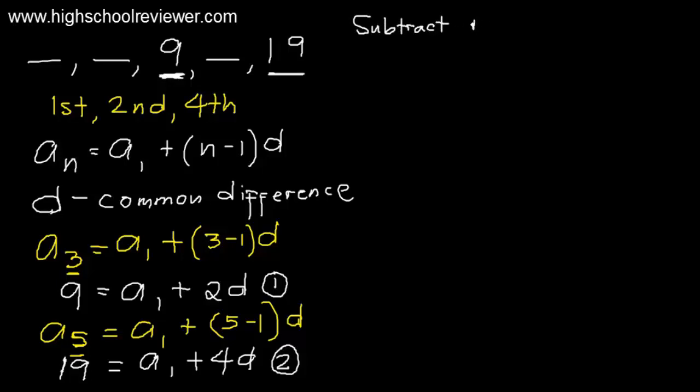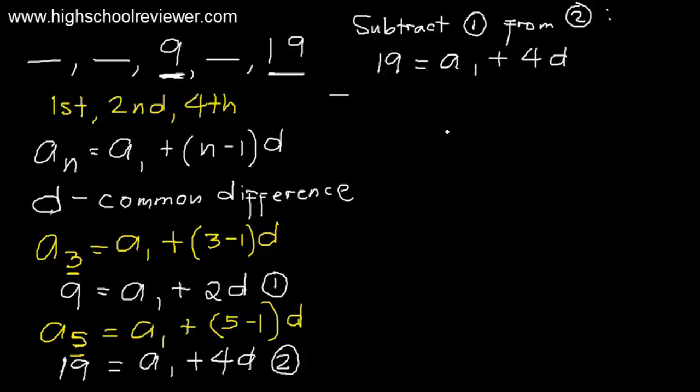We will subtract equation 1 from equation 2 because 19 is bigger than 9 and 4d is bigger than 2d, so that we won't have negative values. So our equation 2, we have positive 19 equals a sub 1 plus 4d.